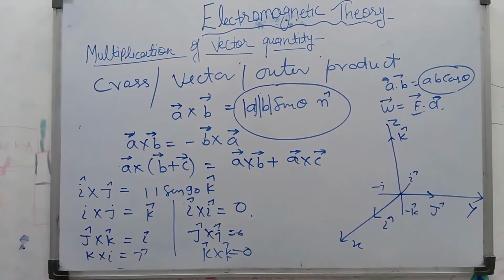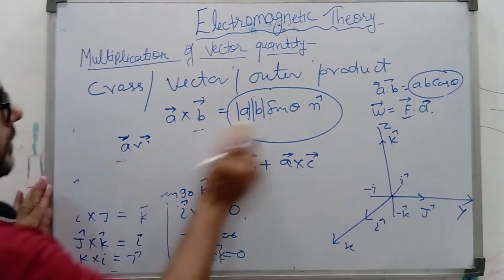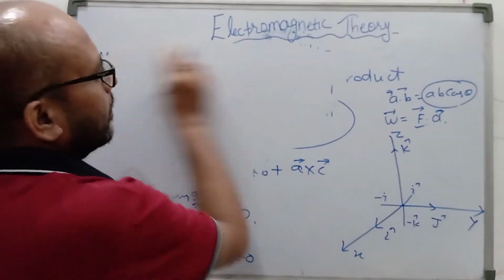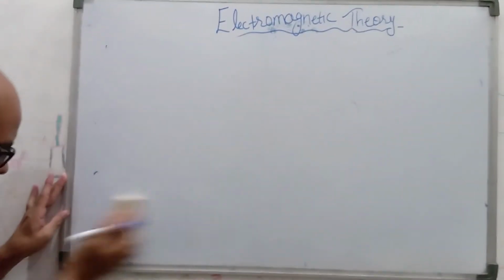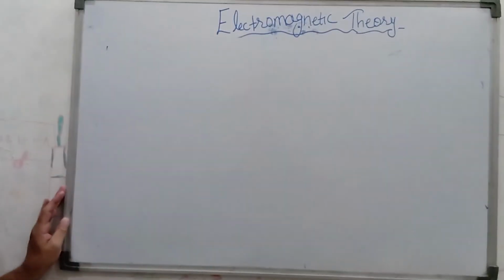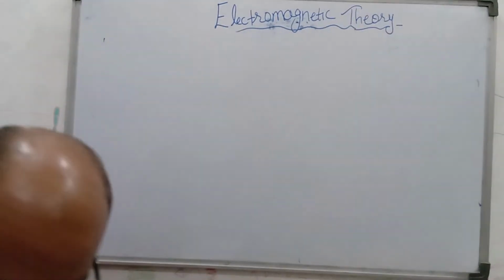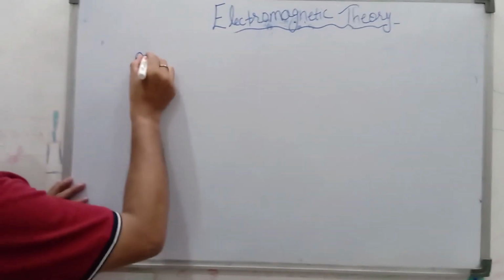Okay, so a simple method: to find A cross B, a simple diagonal method.